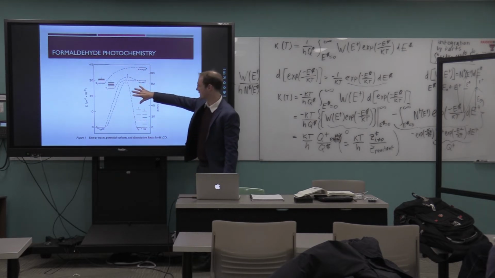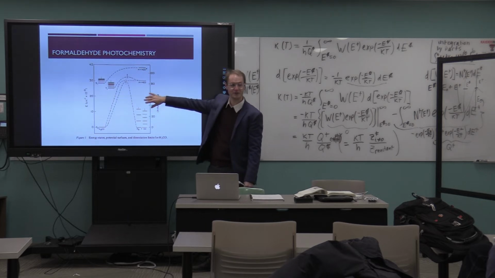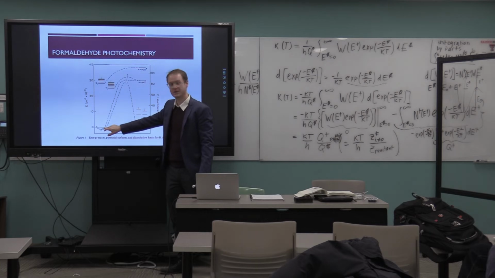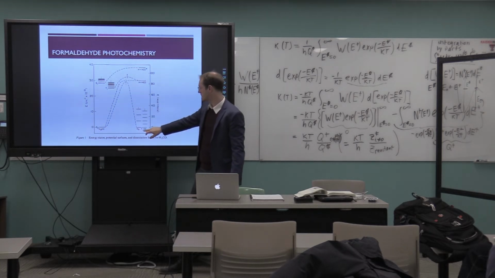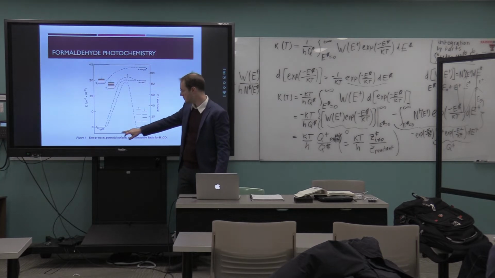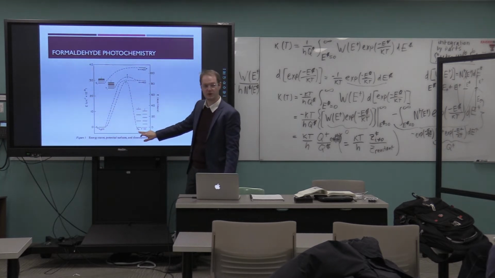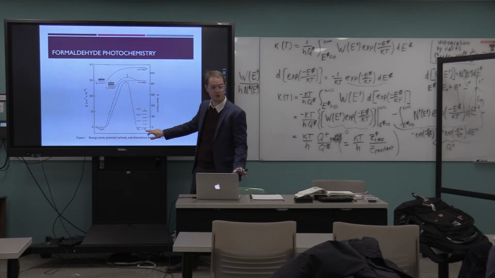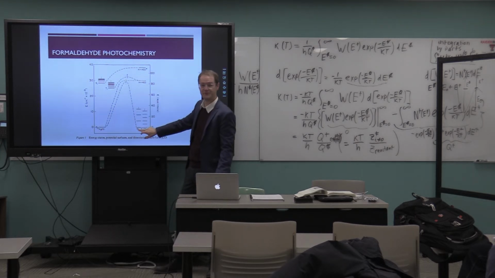This is a general picture of what the potential energy surfaces look like for formaldehyde. Formaldehyde ground state is here. There's a very large energetic barrier associated with photodissociating formaldehyde to make the molecular products H2 plus CO. H2 plus CO are almost isoenergetic with the reactant, but the barrier is really high.